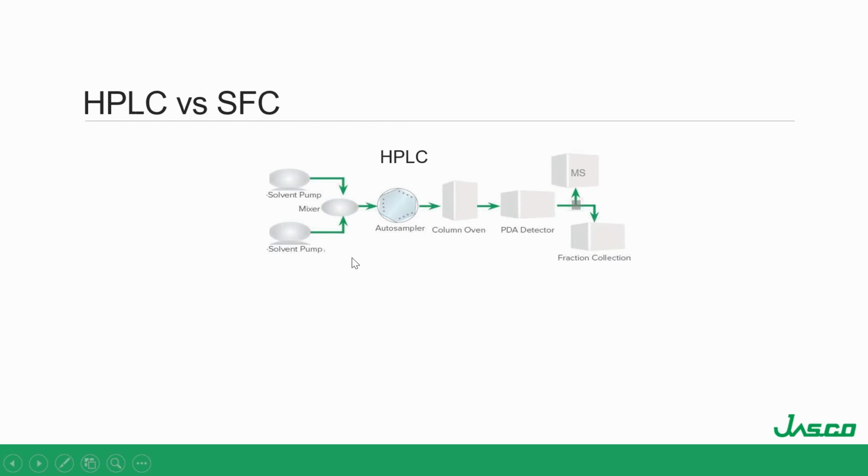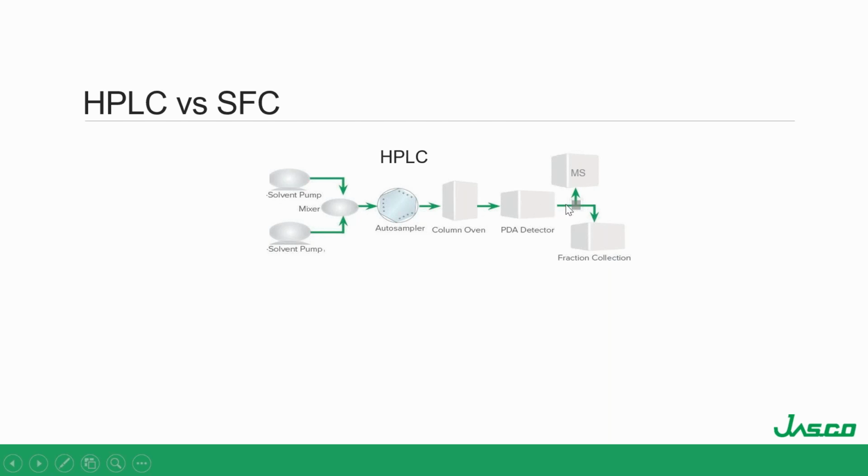So first up, HPLC. Many of you are probably familiar with this. So you start off with a pump that can pump up to 1 or 4 solvents. We're going to come down and mix the 2 solvents together and then head off to an autosampler, into a column oven, then into a detector.